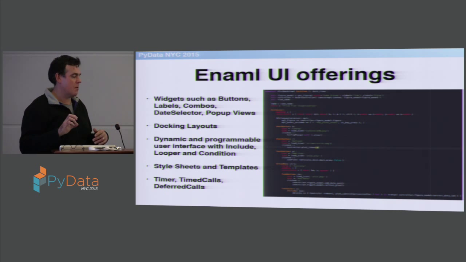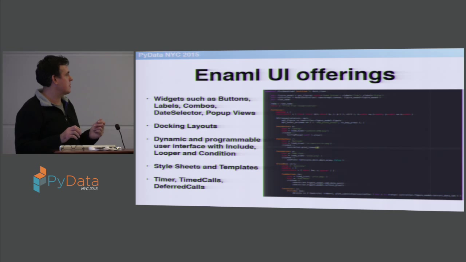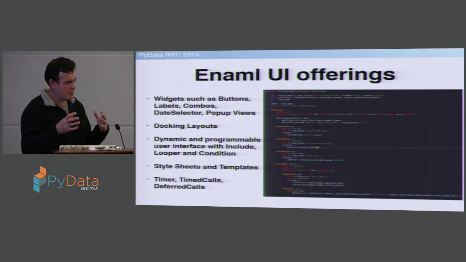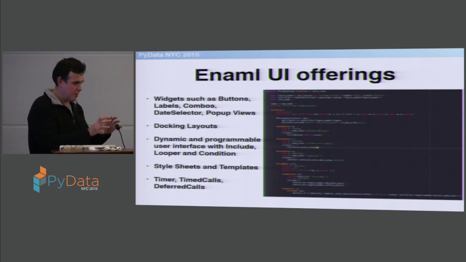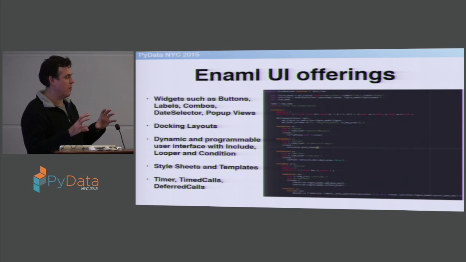One of the important things for me was, okay, I can use Enaml, it's fine, but I really need to make sure that I can create dynamic interfaces. If I press some button, some action happens, and I want to pop up some interface that can be built dynamically for me. That can be done with things like include, looper, and condition.